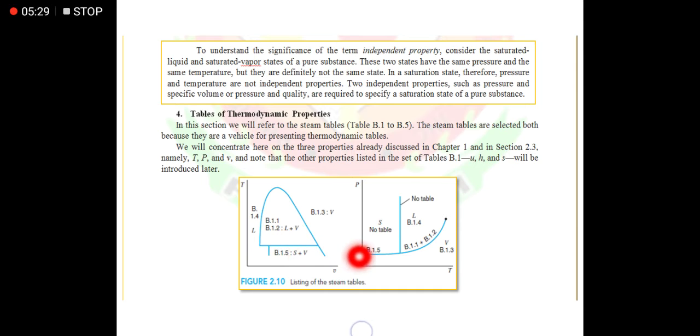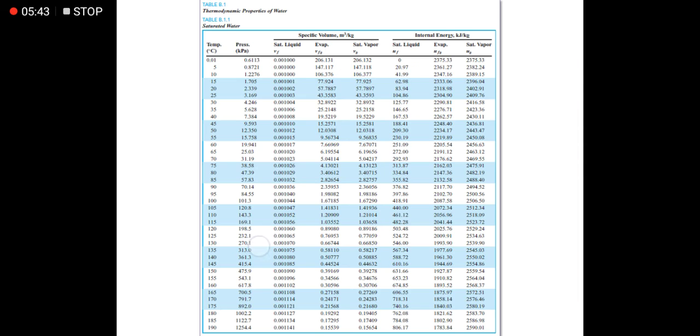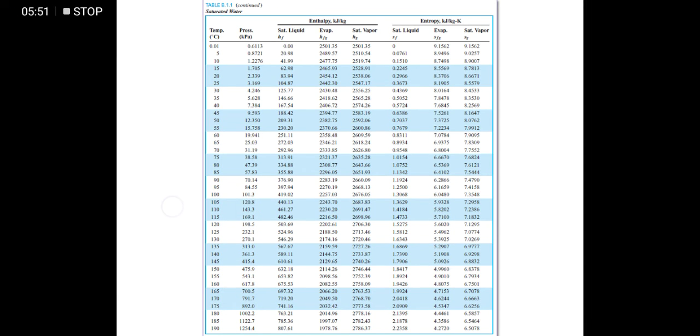So same with this one, pakitingnan na lang din dito. Kung yung problem mo is given is ito yung graph niya, pwedeng itong gamitin mo. Kung ito naman, pressure as a function of T, pwedeng itong gamitin mo, okay? So yan. Ito yung tinasabi ko sa inyong tables na kailangan nating i-print and kailangan nating pag-aralan. Okay, so marami yan sila.